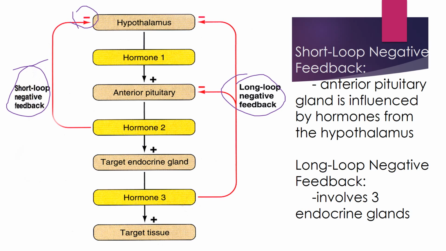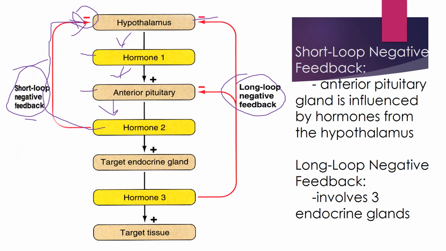And so the hypothalamus produces its own hormones and releases them through the venous system, where it will send them down to the anterior pituitary gland. From there, the anterior pituitary might have an increase in secretion of, say, another hormone, and that secretion of the second hormone is going to inhibit the hypothalamus from secreting the first hormone. And so that's a short loop, where we have two hormones involved.